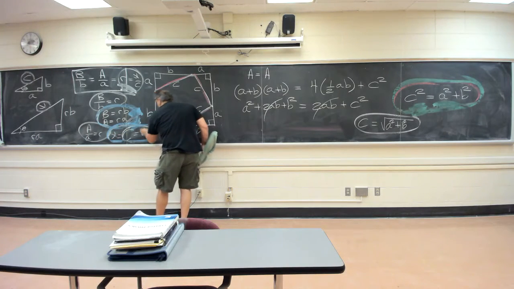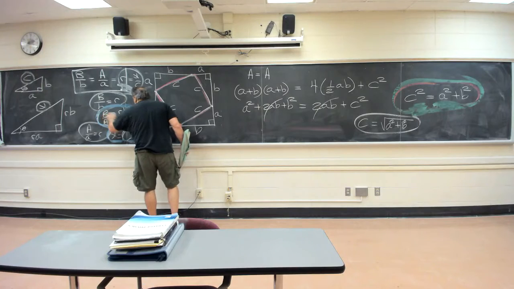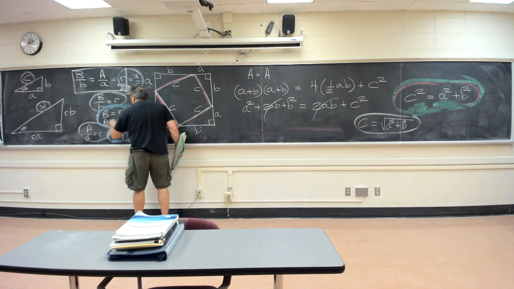This guy's R times bigger than the corresponding part in the other triangle. This guy's also R times bigger than the other corresponding part. What corresponds to this guy, small b? Multiply by this R, you get big B. What corresponds to this guy, small a?